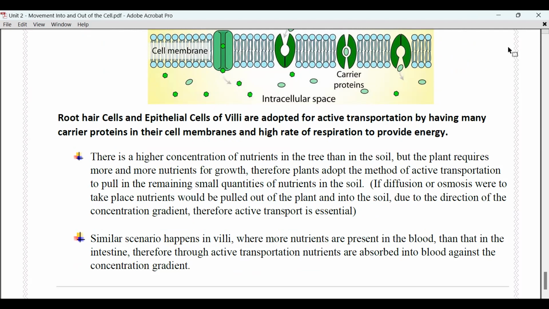If there was no active transport and diffusion or osmosis were to take place, nutrients would be pulled out of the plant and back into the soil because of the direction of the concentration gradient. A similar scenario happens in villi in the human intestine, where more nutrients are present in red blood cells than in the lumen of the intestine. Therefore, active transport is used to absorb the smaller quantities of nutrients in the intestine back into the blood against the concentration gradient.